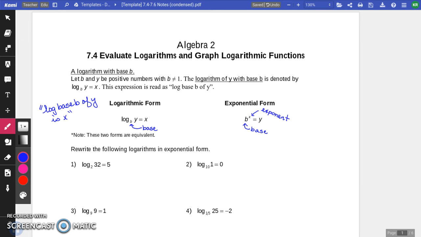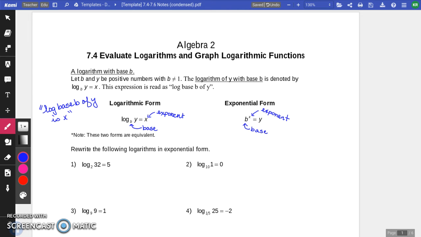If you rewrite log base b of y equals x in exponential form, the base of your logarithm becomes the base of the exponential equation, what your logarithm is equal to becomes the exponent, and then it is equal to y.